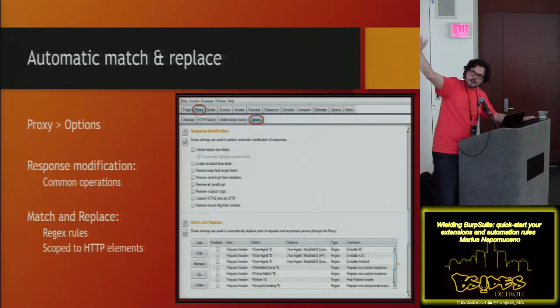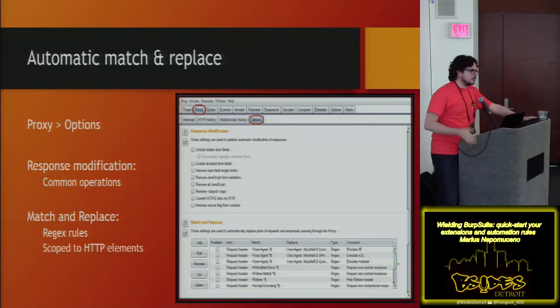So, convert your HTTPS to HTTP, remove secure flag from cookies, remove all JavaScript. Depending on your test, you might want to just do that for every single response that comes in. Of course, because we're all savvy BurpSuite users, remember scoping so that you're only applying this stuff to your defined scope.